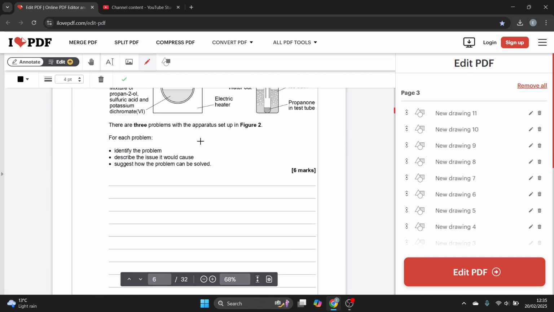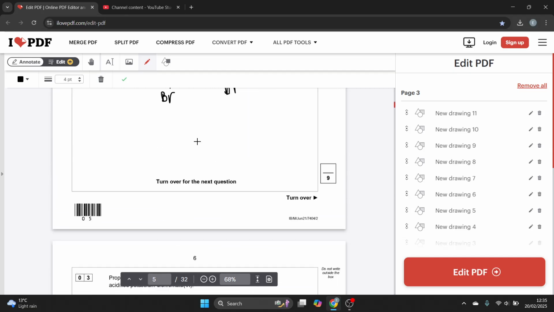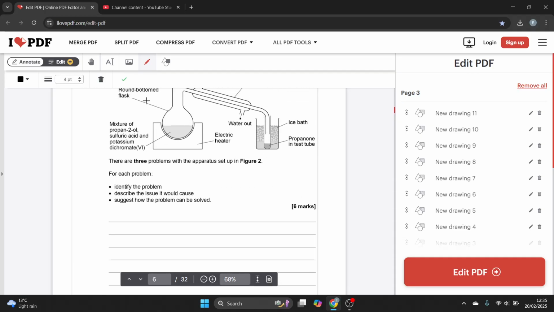Question 3.1. There are three problems with the apparatus set up in figure 2. Identify the problem, describe the issue it causes, and suggest how the problem can be solved. Problem 1: anti-bumping granules.